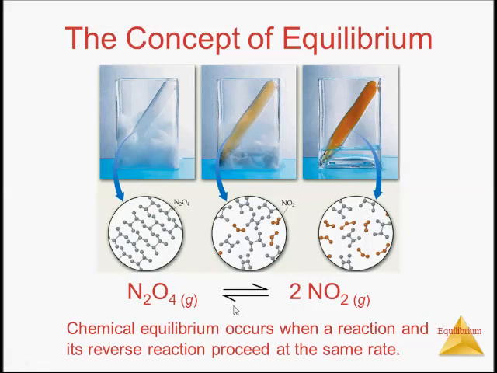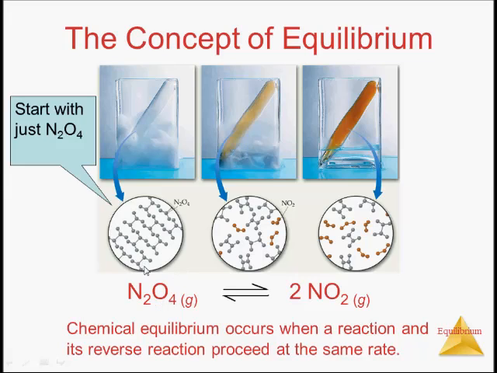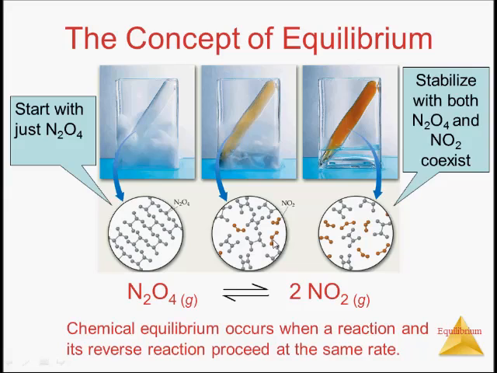Just looking pictorially at what happens, here's our double arrow equation for this reaction. Notice we're starting off with just N2O4. That's all we have in the beaker to start with. Some of that's reacting and we're starting to make some NO2. But as we're making the NO2, some of the NO2 reacts and the reverse reaction kicks in to get the N2O4. So while we started with just the N2O4, when we're done, the reaction never really stops.